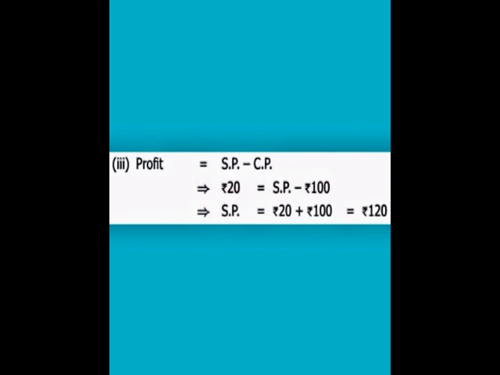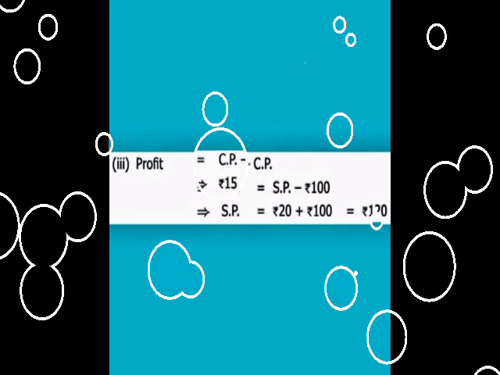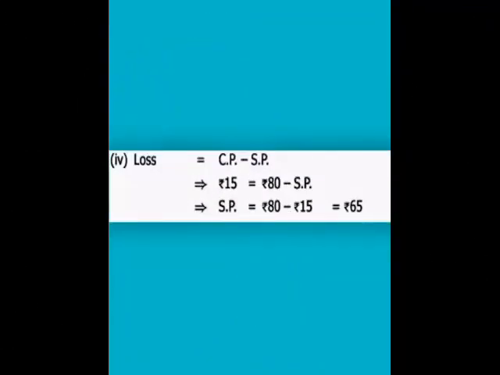If you add, you will get rupees 120. That is the selling price. The next question, we have cost price as rupees 80 and loss is rupees 15. So we want to do the subtraction. Selling price is equal to rupees 80 minus 15, which is equal to rupees 65.